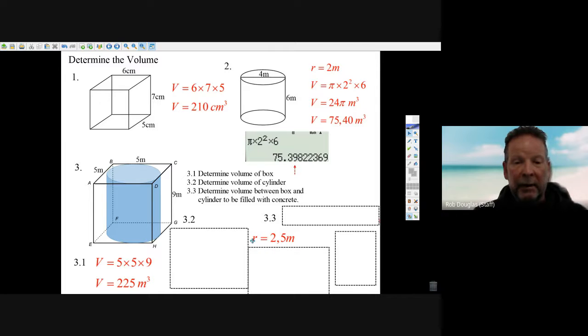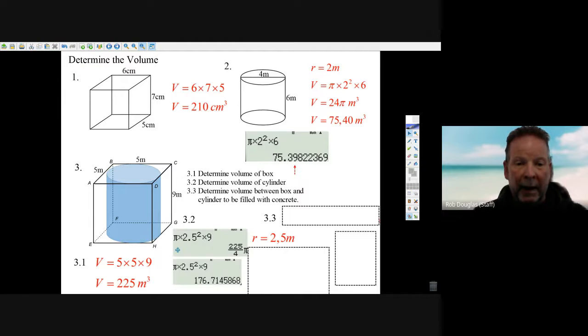Then we just put it in the calculator, pi times 2.5 squared, times this 9 again, times the height. So you go pi times 2.5 squared times 9. It gives you a funny amount of pi, but you press the SD button, and there's your answer.